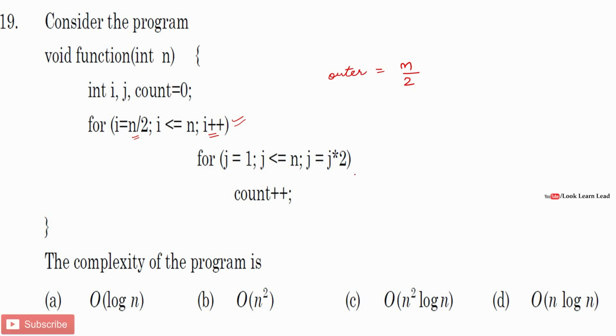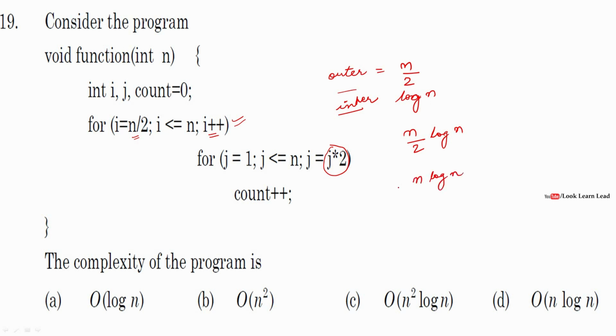Now the inner loop, see, it is multiplied by 2, so it would run log n times. So our final complexity will be n by 2 log n, or order of n log n. So the answer should be D.